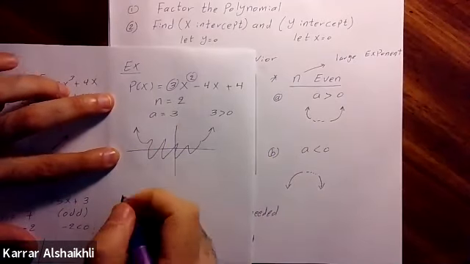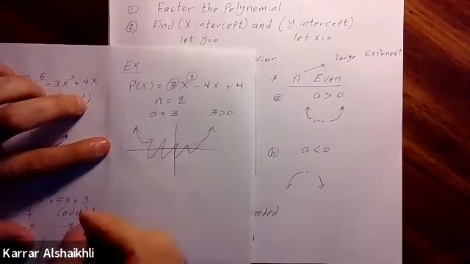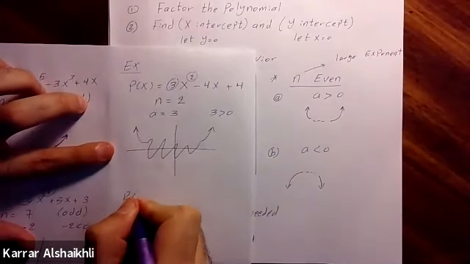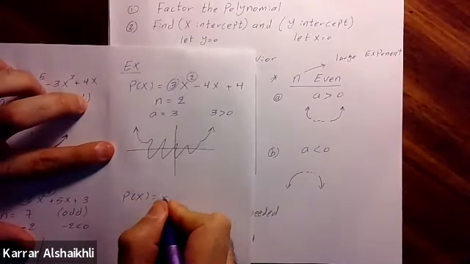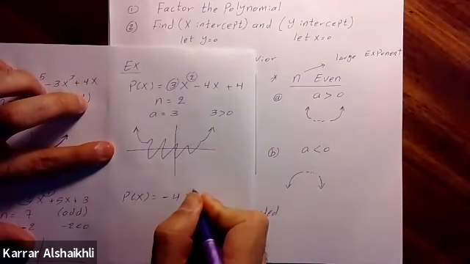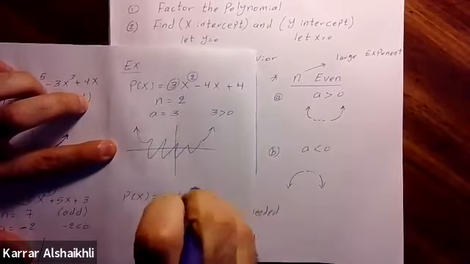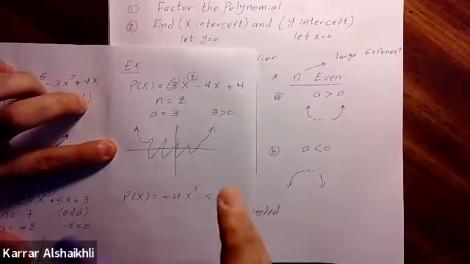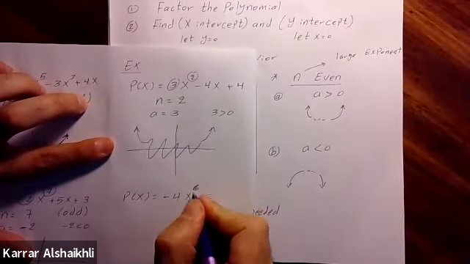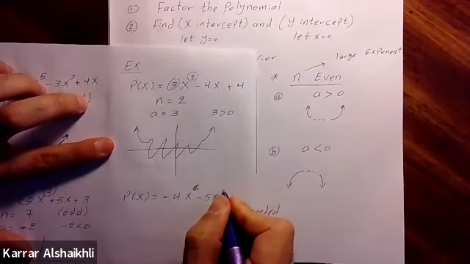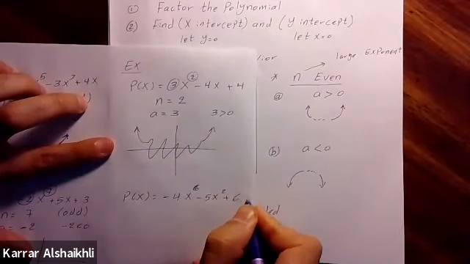The same thing if we have an example like this. If we have p of x equal negative 4x to the power 6 minus 5x squared plus 6x.